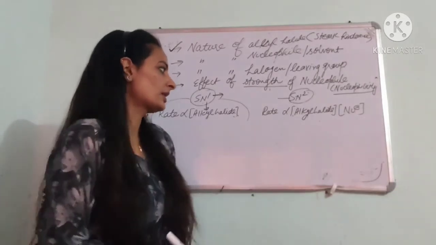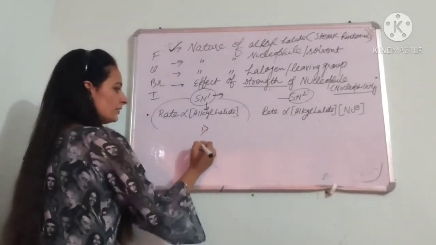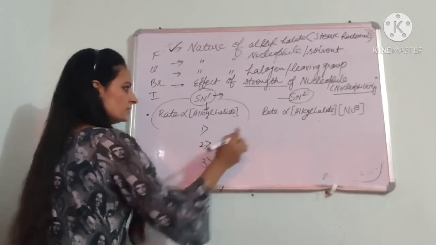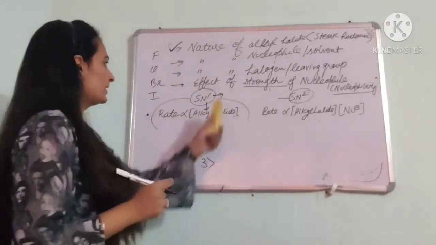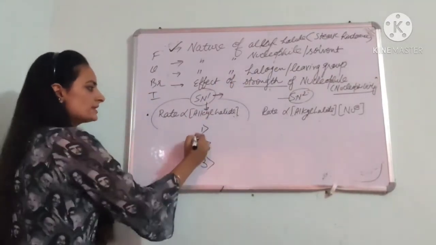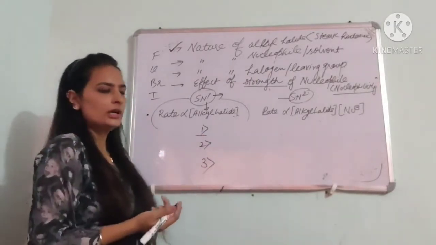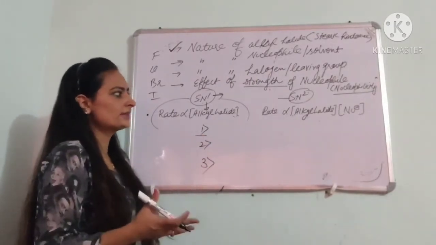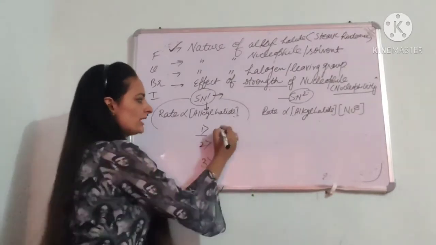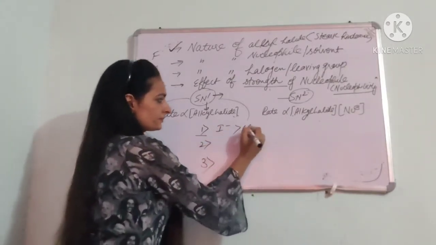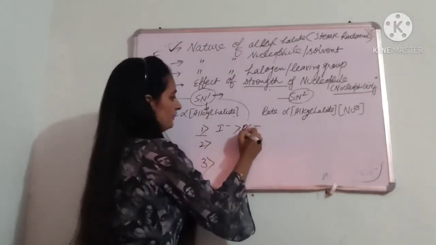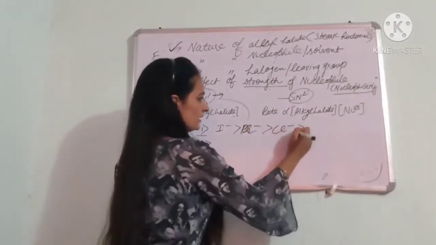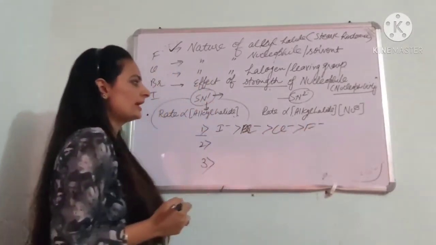As you can see, there are three factors which you need to discuss under this point, the effect of the strength of the nucleophile. The very first factor is which nucleophile gives readily the electron pair. That trend is I negative, Br negative, Cl negative, and F negative, the fluoride ion.